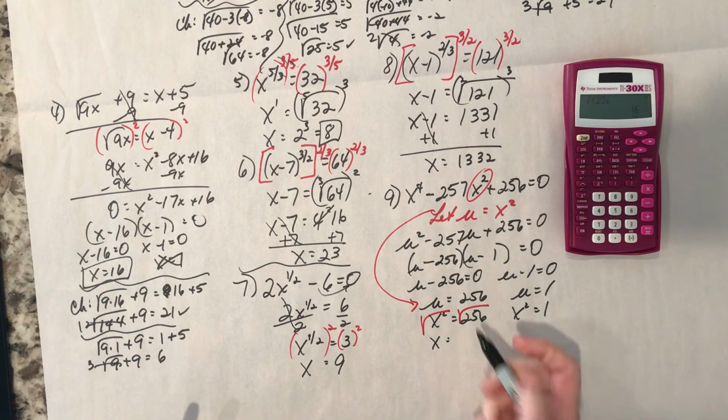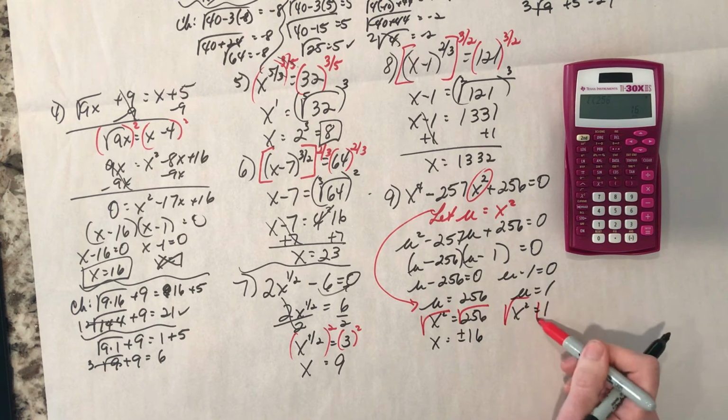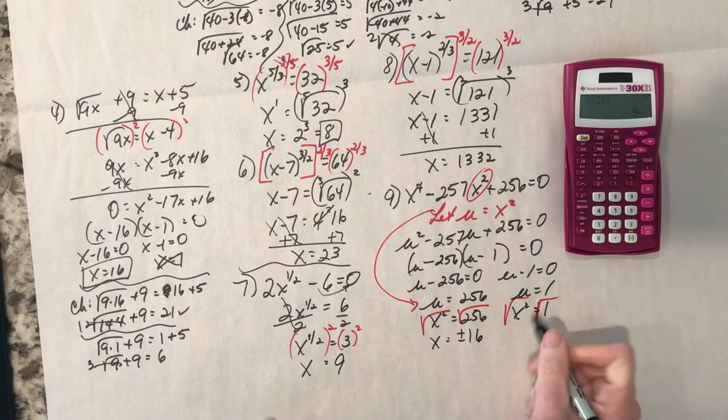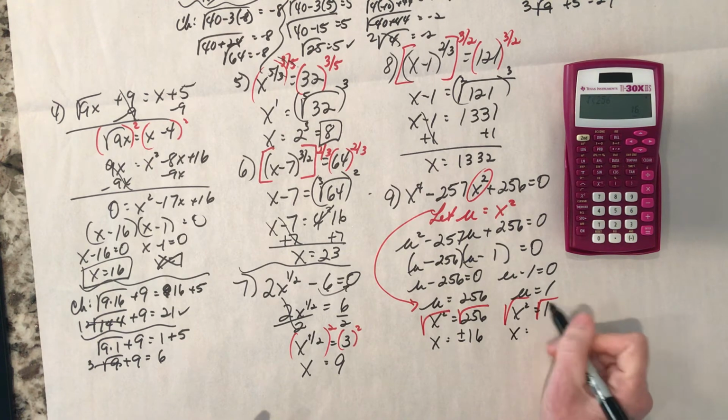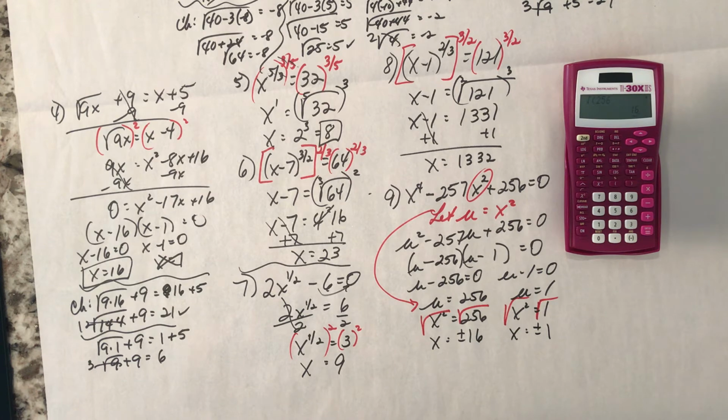Remember, you put the radical on, so you have to consider both a positive and a negative version of that number. Same thing's going to happen over here. We need to put radicals on because we want an x. We put the radical on, so we need a plus and minus and 1. So we get 1, 2, 3, 4 answers. Positive 16, negative 16, positive 1, negative 1. We got 4 answers. That's what we were looking for, is 4 answers.